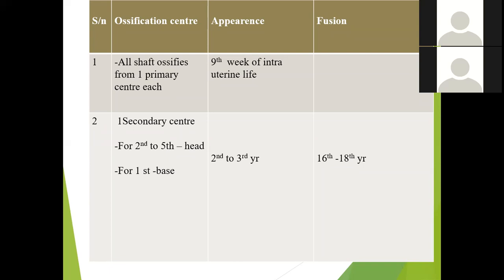For the second to 5th metacarpal bones, the secondary center forms in the head, and for the first, the secondary center forms in the base. For all the metacarpal bones, the secondary center forms around the 2nd to 3rd year, and it fuses in the 16th to 18th year. Okay, so this is about secondary center ossification.